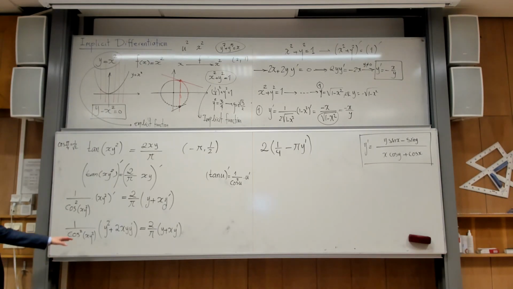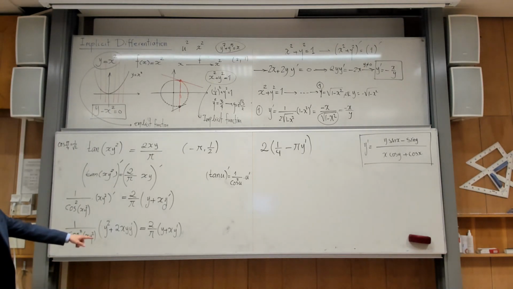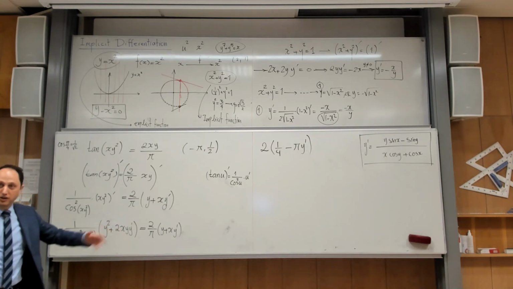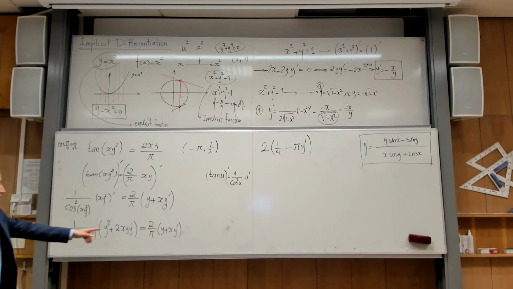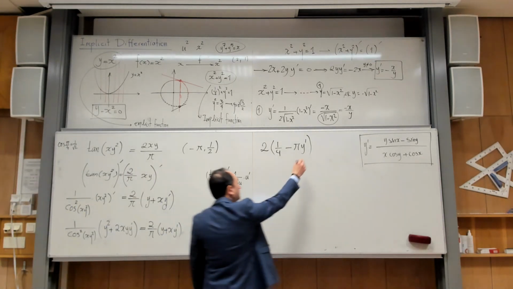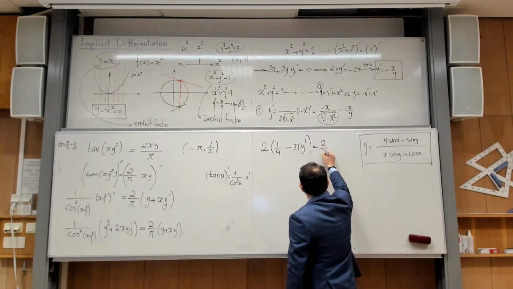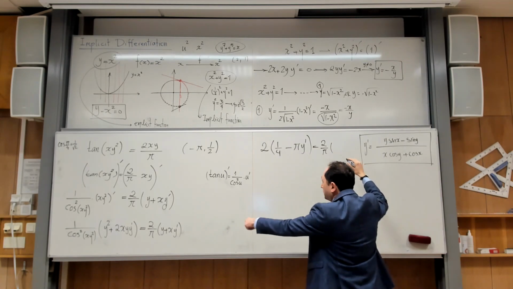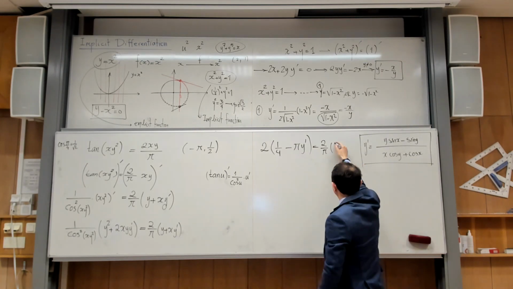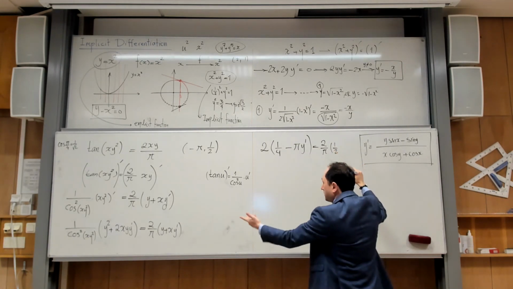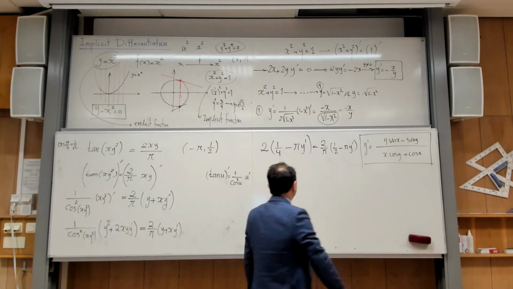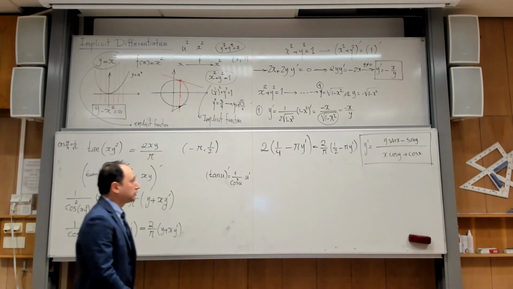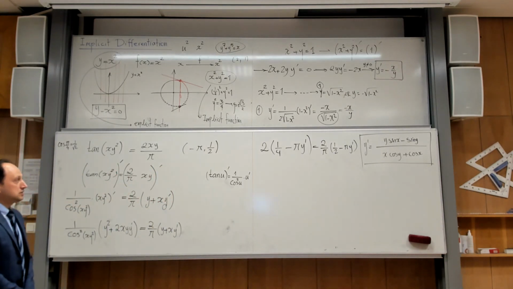And I hope that you agree this is much easier than trying to find y prime algebraically and then substitute the numbers, yes? Okay, so then on the right-hand side 2 over pi, and then what I have is y, which is 1 over 2, and then x times y prime, so it is minus pi y prime. Anyway, there is only one unknown left for me here, and that is y prime, and I am supposed to find that.